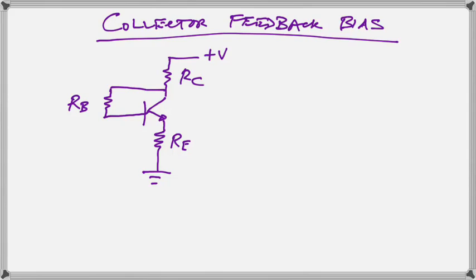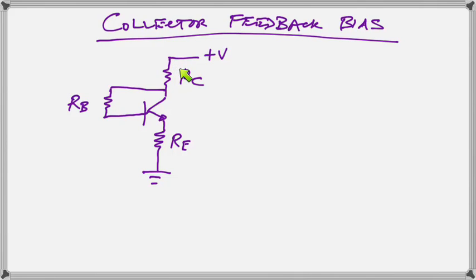All right, so we come now to the collector feedback bias, which is the last one we have to deal with for today. And as you can see, the big difference here is that we have taken the base resistor from the collector instead of from V. So this would be very similar to the emitter stabilized bias.